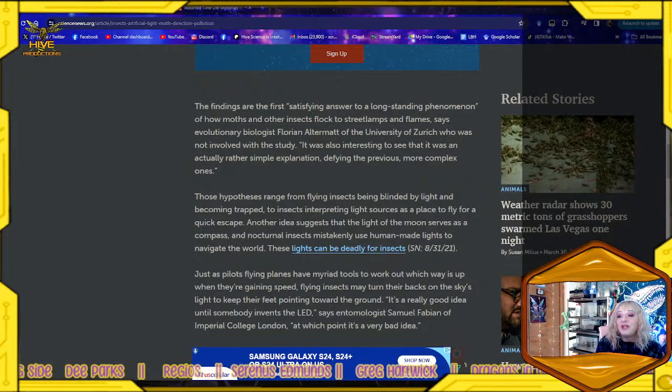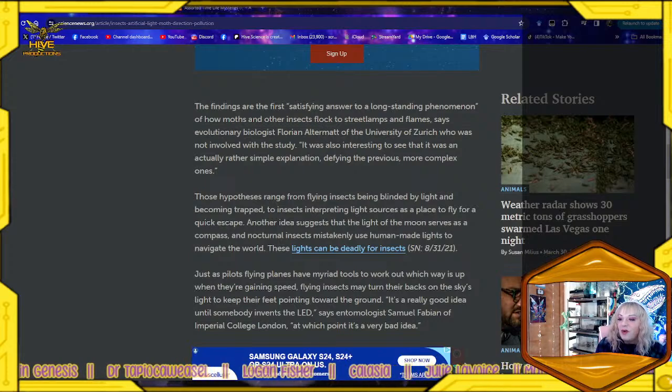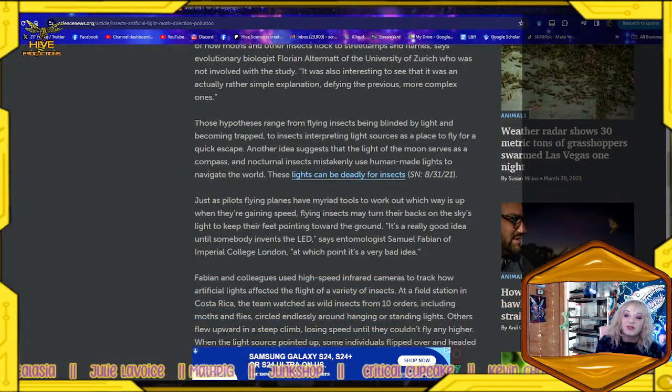Of how moths and other insects flock to street lamps and flames, says evolutionary biologist Florian Altermatt at the University of Zurich, who was not involved with the study. It was also interesting to see that it was an actual, rather simple explanation defying the previous more complex ones.